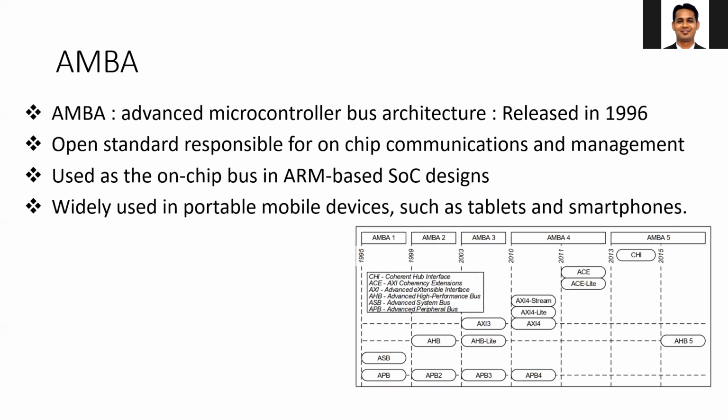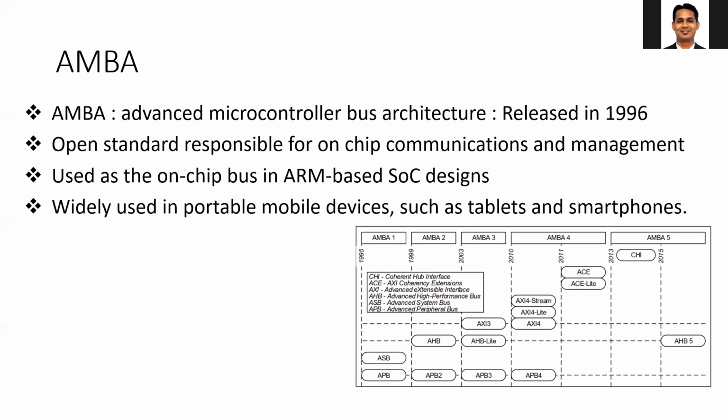One is the Advanced System Bus, ASB, and the second is the Advanced Peripheral Bus, APB. In a SoC, you usually have slow speed peripherals and high speed communication between the memory and the different units inside the SoC. So you use the APB to communicate with the low speed peripherals, and ASB to communicate with the memory and the other components.